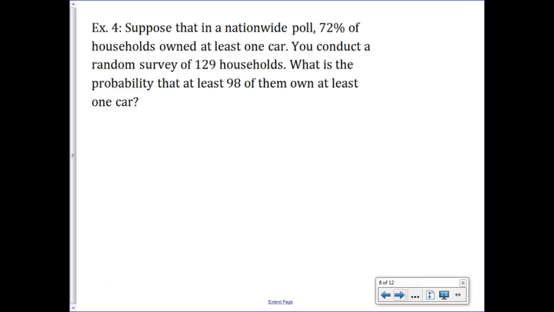So the number of households is 129 times the probability, 0.72. 129 times 0.72 is 92.88, so we're above 5. So far, so good. Then we need to also do 129 times 1 minus 0.72, and that would be 36.12.